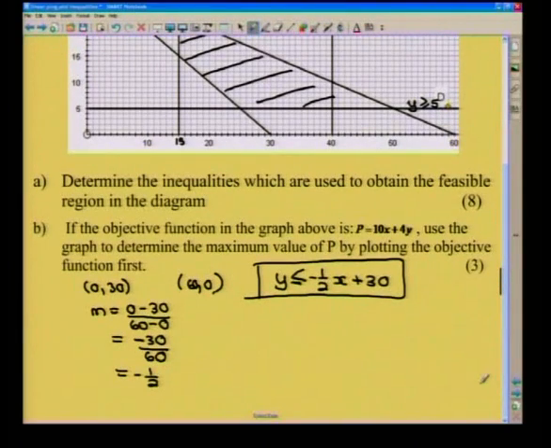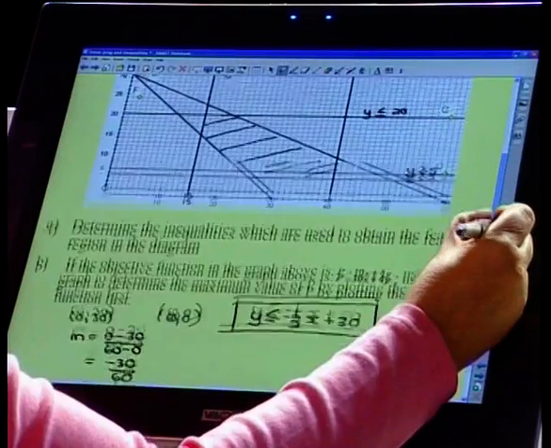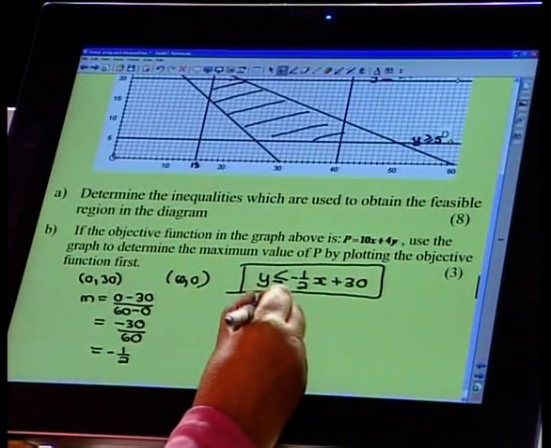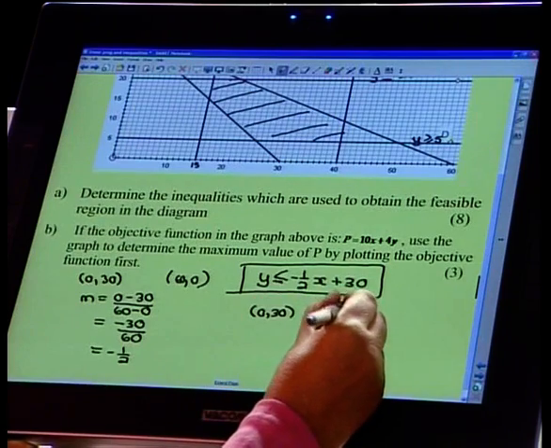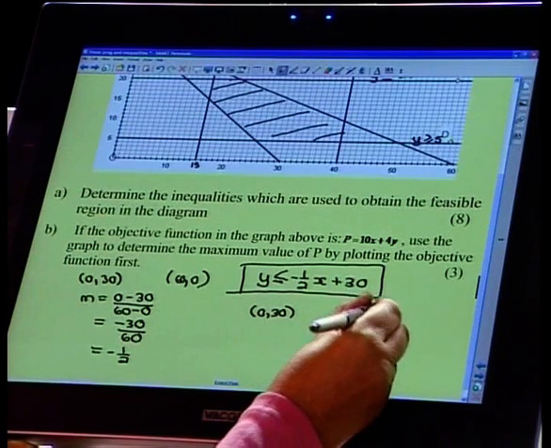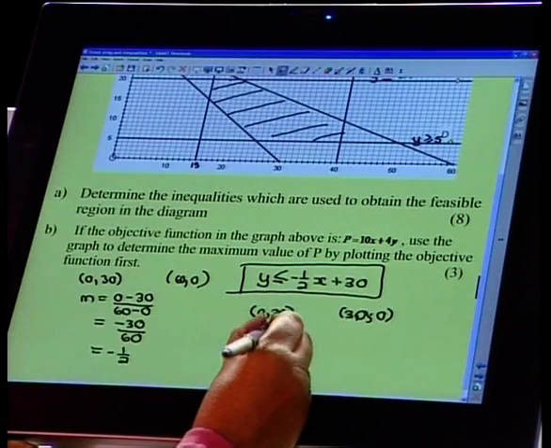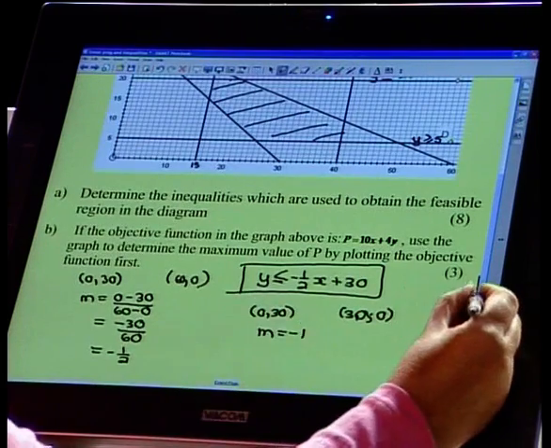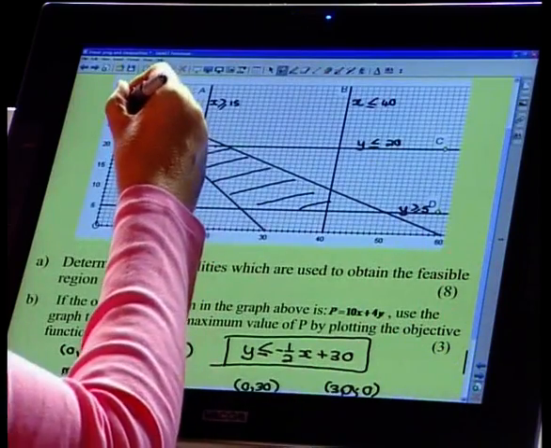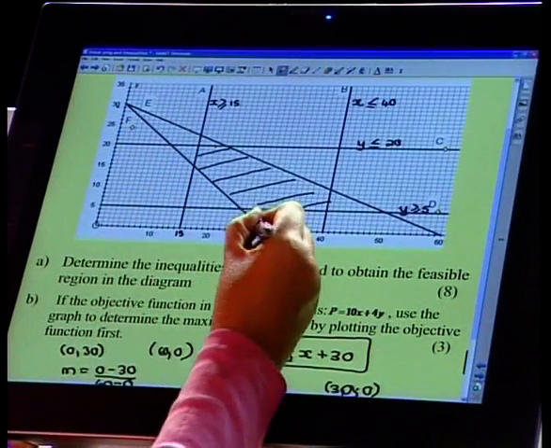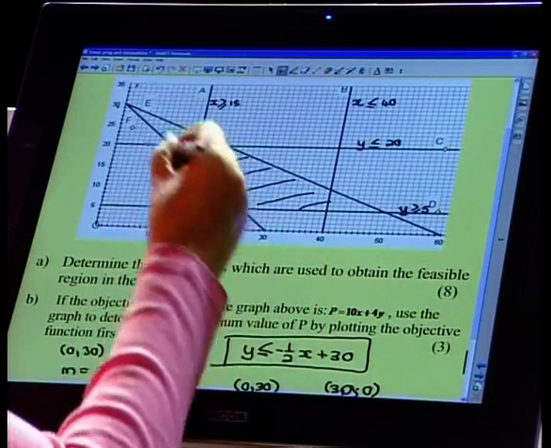Right, so now let's look at the last one, which is this one over here. And if we look at this one, it's cutting at 30 and 30, so this is going to be (0, 30) and (30, 0). And you can see that the gradient would be minus 1. Hopefully you can see that. Let's show you why. The change in y is 30, the change in x is 30, and it's going negatively, so it's minus.